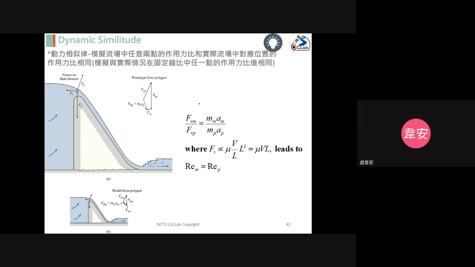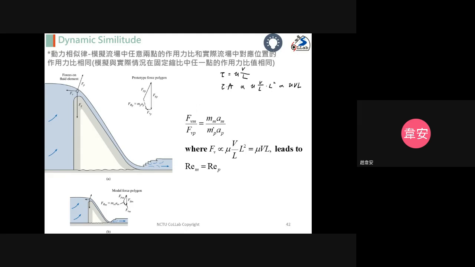We know that the shear stress is equal to mu multiplied by the velocity gradient, and if we multiply the shear stress by the acting area, we can rewrite this as proportional to mu v divided by L multiplied by L squared, and this is equal to mu v L.